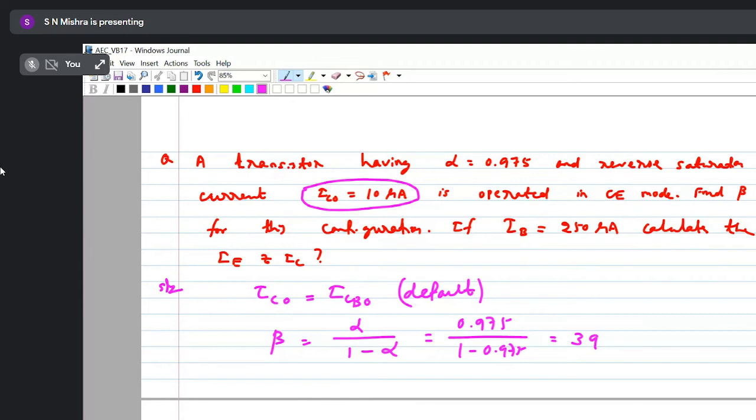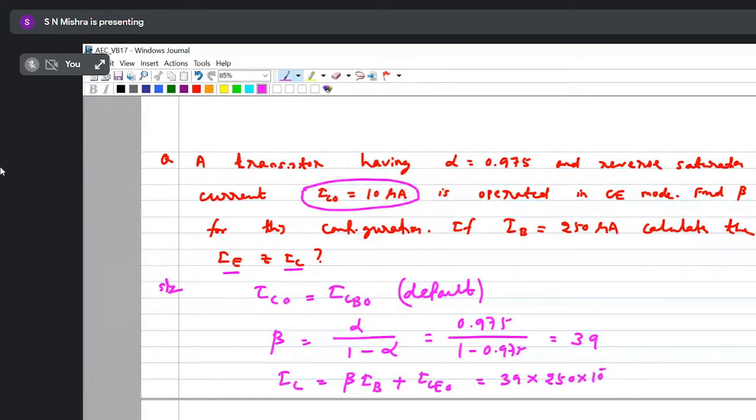Now IC and IE we want to find out. So IC equals beta IB plus leakage current ICEO. Beta we have found out, IB is given, ICEO is not given, but ICBO is given. So what is the relationship between ICBO and ICEO?